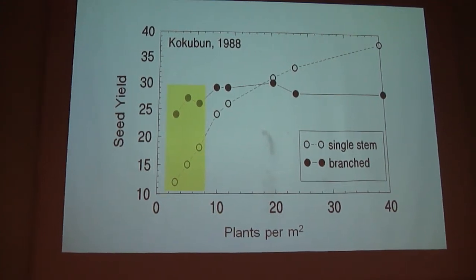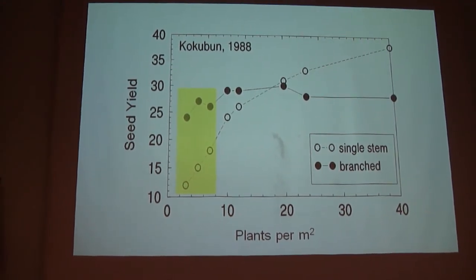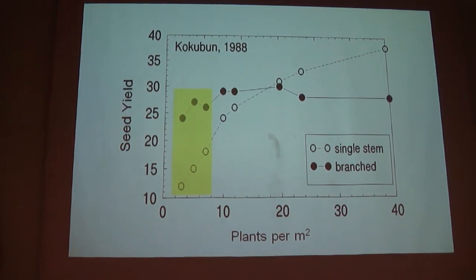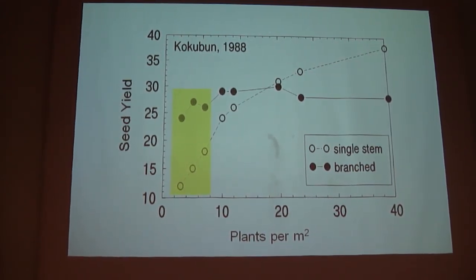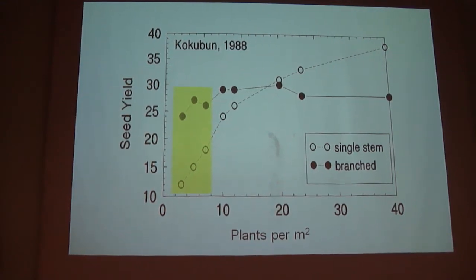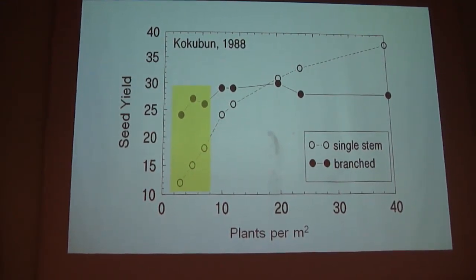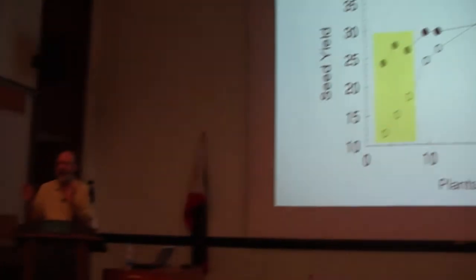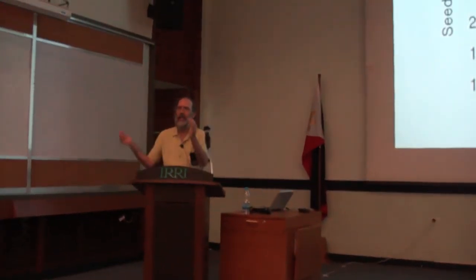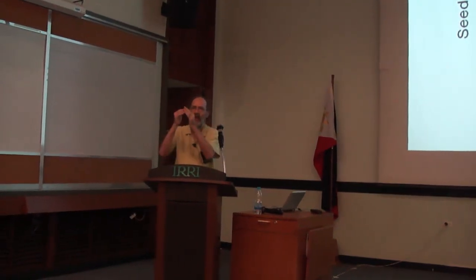really depends on your plant density. If you have only widely spaced plants, then you better have a lot of tillering to fill in the available space. But if you have widely spaced plants, even with high tillering potential, it's going to take them a while to fill in the available space, intercept the available light.